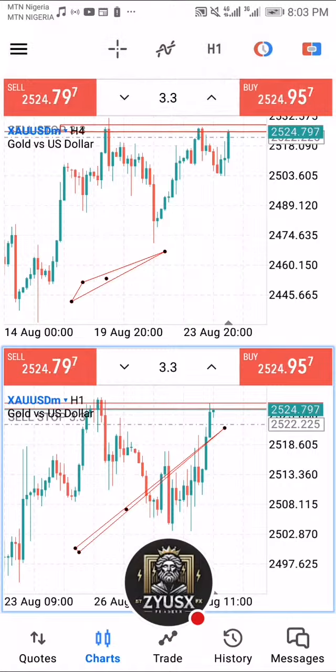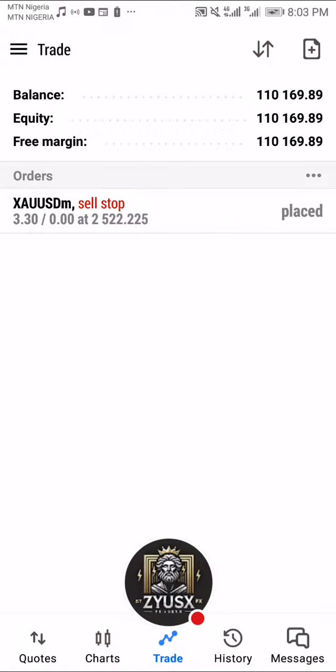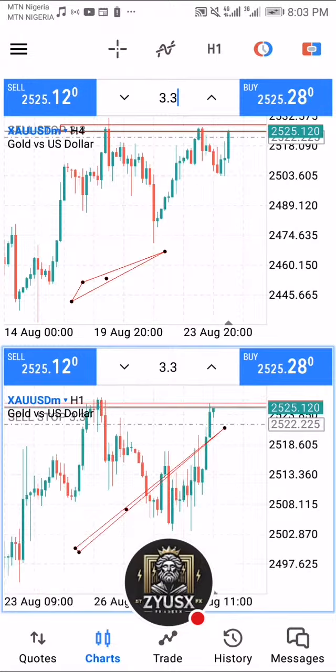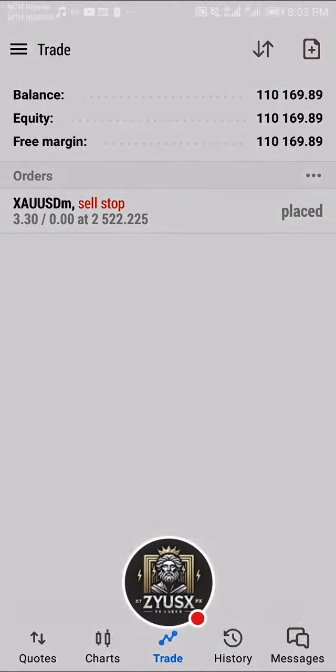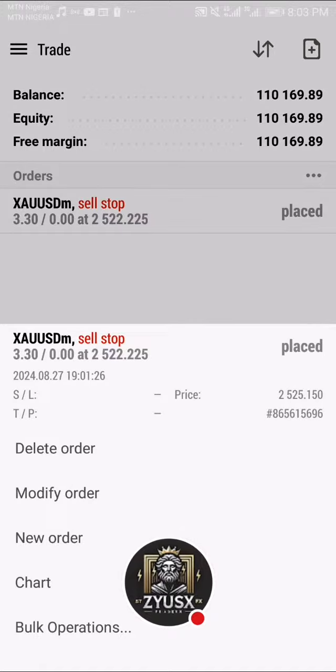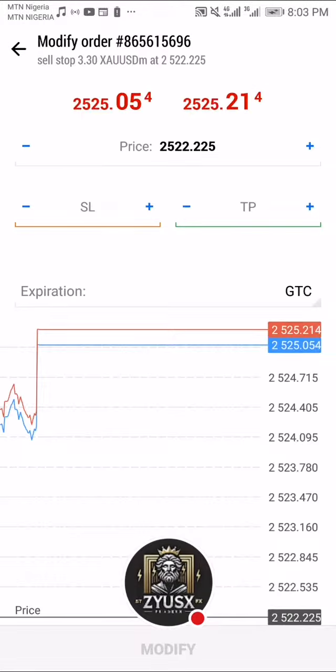If it is something that works for you, you start using it, adding it to your trading plan. And as you notice, I haven't set our stop loss yet. So I want to be having a 3 pip stop loss, because that's what I can afford to risk on gold. For gold it has high spreads and high liquidity, so I don't want to be risking too much on gold.